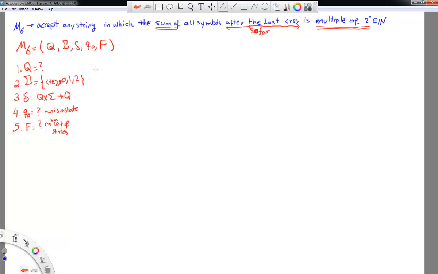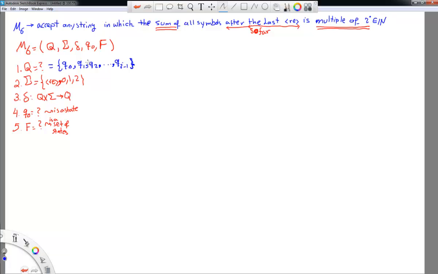So what I'm going to do is make the set Q to be the set of i states: Q sub 0, Q sub 1, Q sub 2, all the way to Q sub i minus 1. Now, what would each of these states represent? I'll tell you now, and I'll show you a little later, that each of these states would represent the modulo i of the sum of elements seen so far.